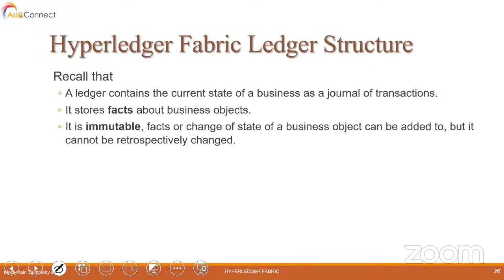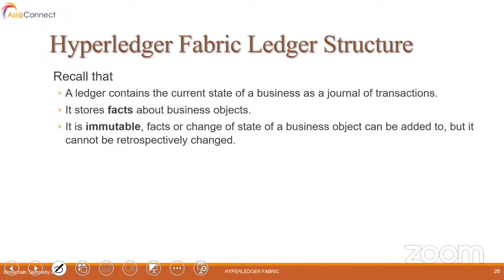So facts or changes of state of a business object can only be added, but they cannot be retrospectively modified or changed. Just like your bank register, your account register, you know that in your bank account, if you are withdrawing money, if you are depositing money, every single event is only appended. There's nothing that can be modified on a back date, right?